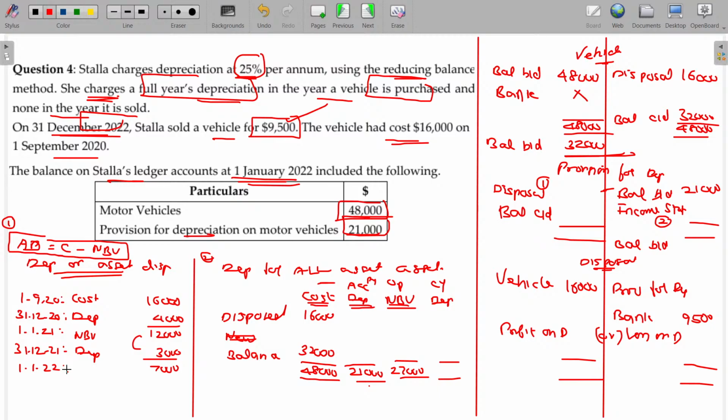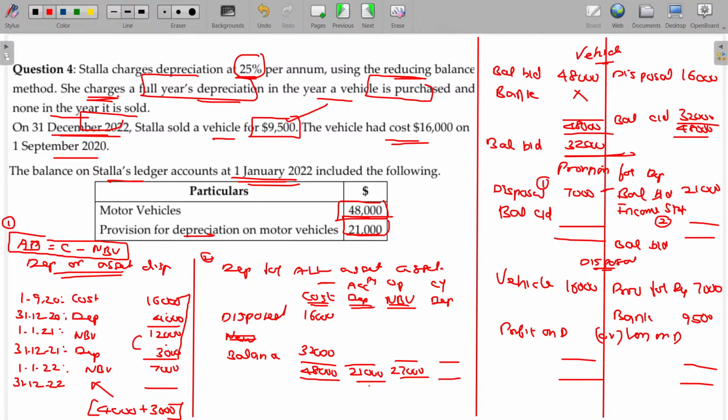Now, in the year beginning, 7,000, for the year up to 31st December 22, we don't claim the depreciation because it's the year of sale. In the year of sale, they told us not to depreciate. So this is the net book value on the date of sale. Now accumulated depreciation being the difference between cost and this one, or 4,000 plus 3,000, 7,000. You can either add 4 plus 3 or 16 minus 7. You will get the same answer, 7,000. So I'll post that value here and here.